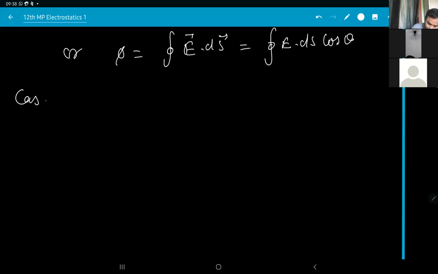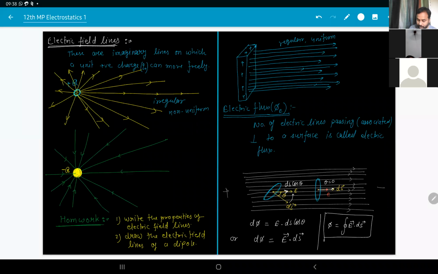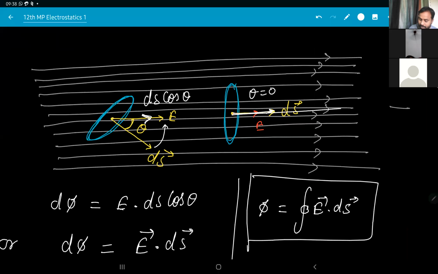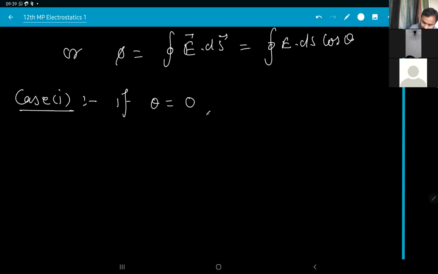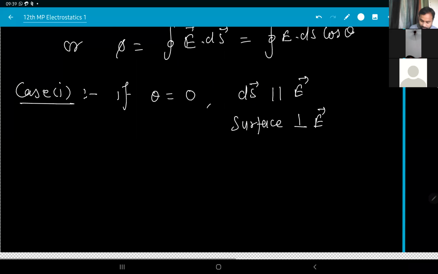Now calculating the maximum flux. Now see case 1, if theta is equal to 0, that means area vector is parallel to electric field but surface is perpendicular. Don't be confused by these words. The area vector ds is parallel to electric field and surface is perpendicular to electric field, otherwise you will be confused, right?